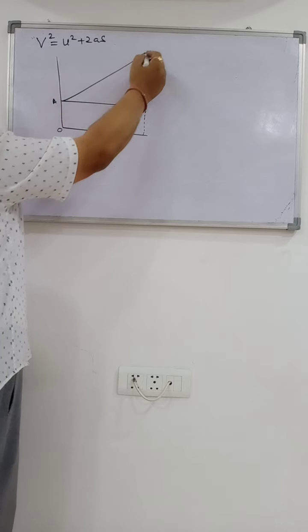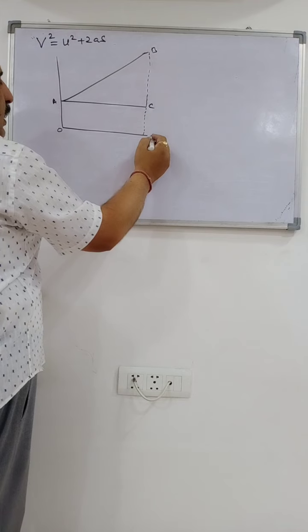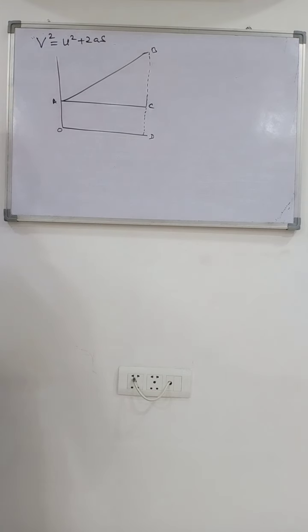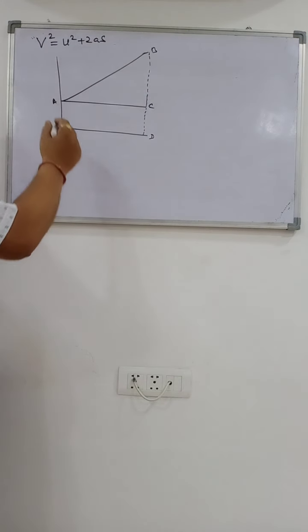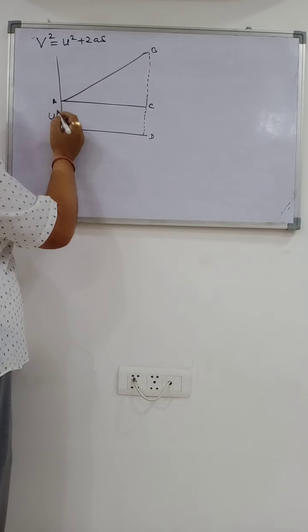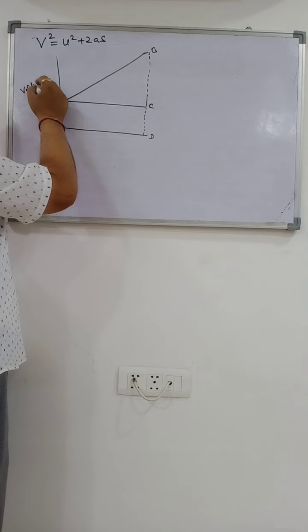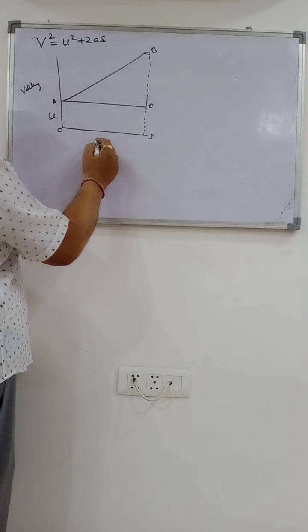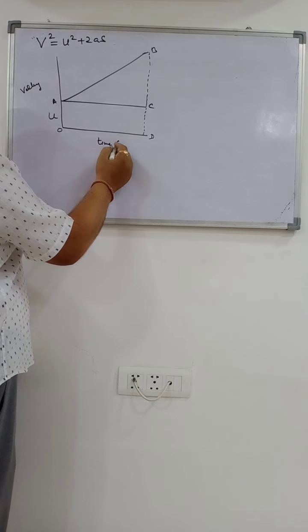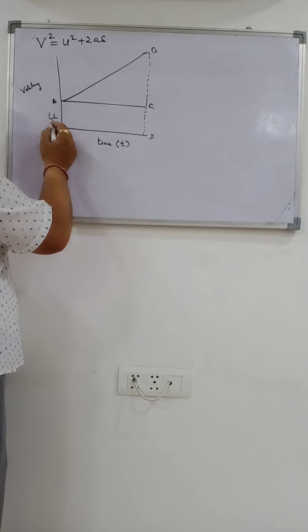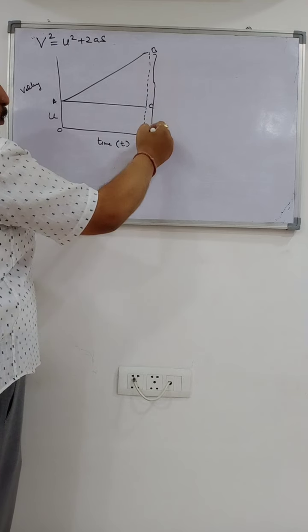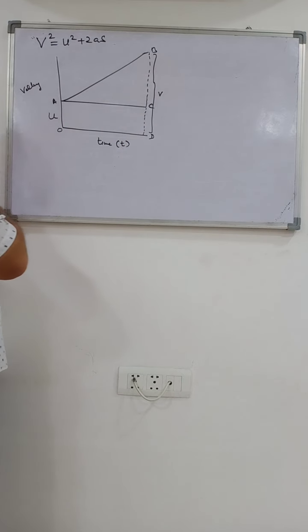O, A, B, C and D. What is this? The initial velocity U. This is velocity. This is time t. This is the initial velocity. What is this? Equal to V, the final velocity.